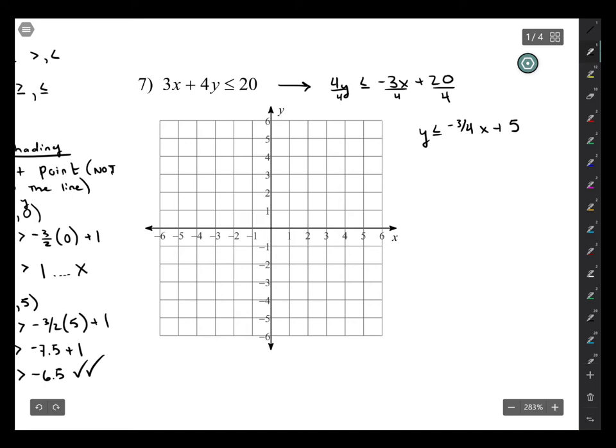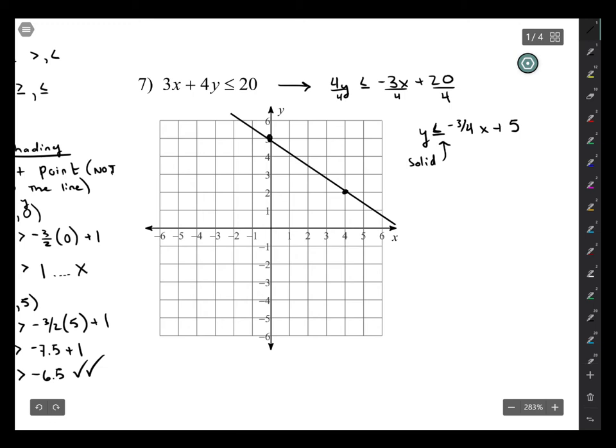Okay, thing to decide first, we're going to need a solid line, because it's less than or equal to, and we'll start at 5. We have our slope negative 3/4, 1, 2, 3, 1, 2, 3, 4. And this time connect with a solid line.